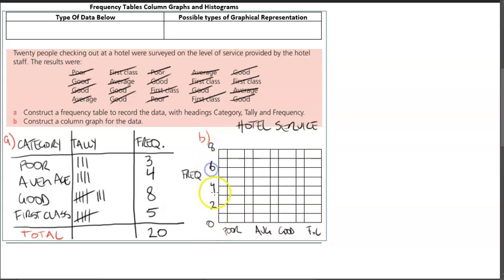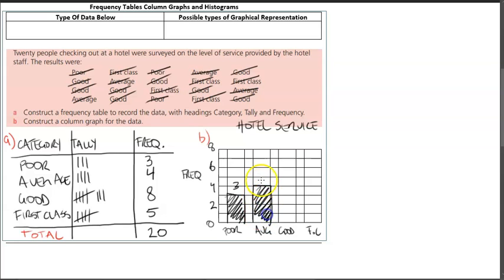And then the last thing we'll do is map out each of these categories by the represented frequency via a column. So for poor, it was 3, so it goes 1, 2, 3 up to there, and a quick color in just like this. The second one is 4, 1, 2, 3, 4 for average.